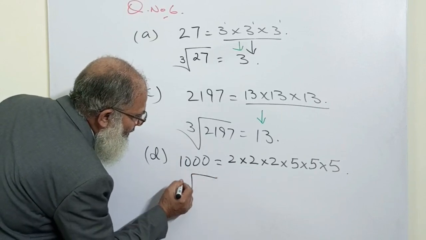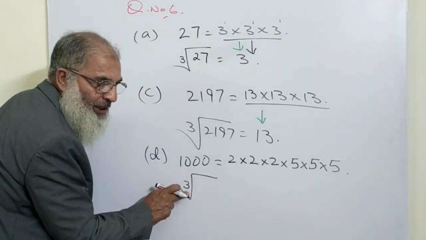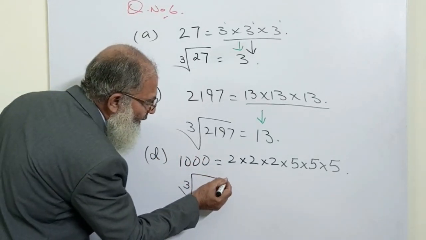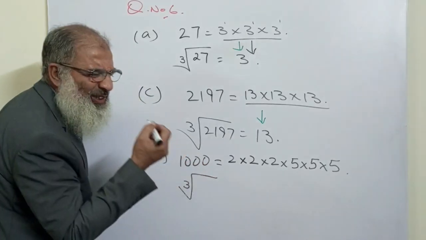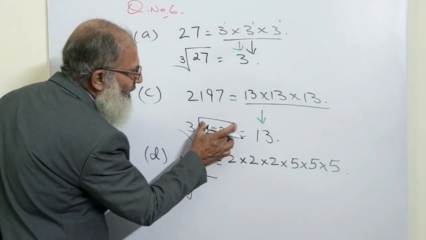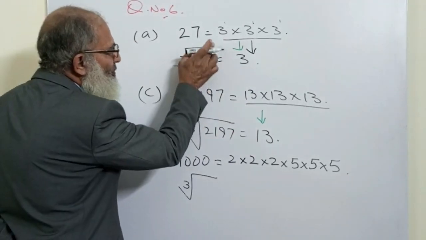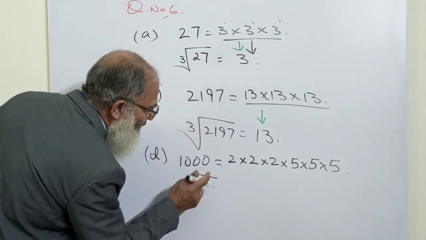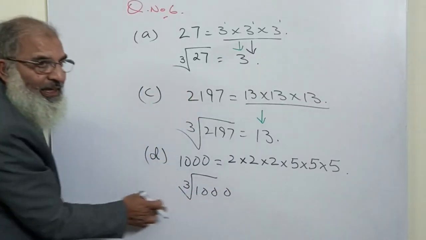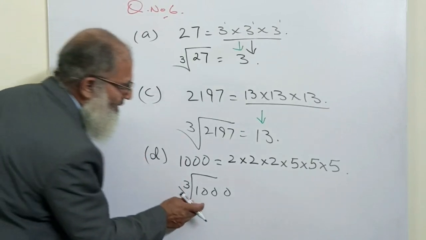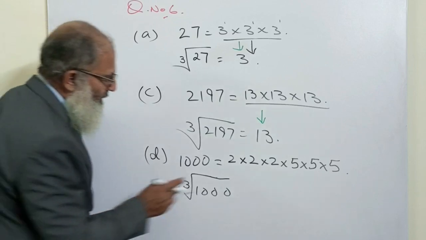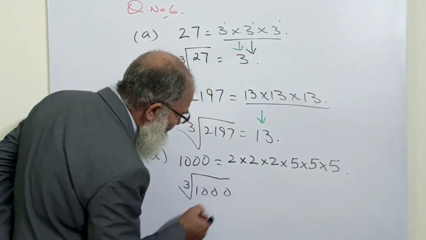Write a 3 over here, don't forget, because we are finding the cube root. And please don't ever miss that you have to cover all the digits in this root. Don't write it like this. Just cover all the digits with this root.